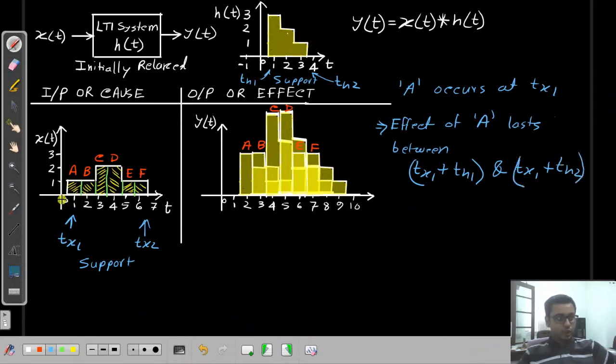So this input occurs at this point tx1, and its effect is from tx1 plus th1 up to tx1 plus th2.